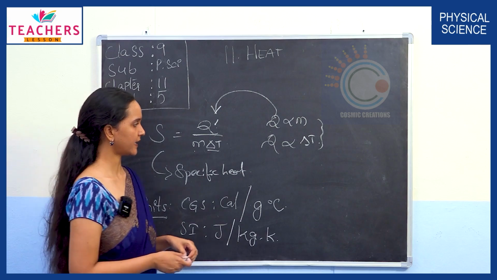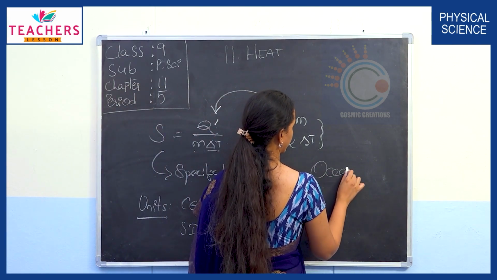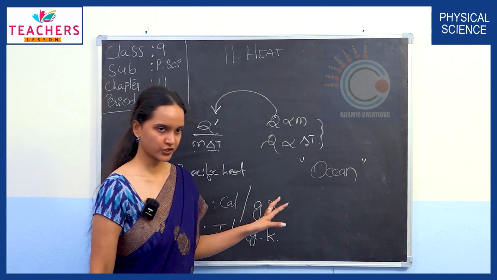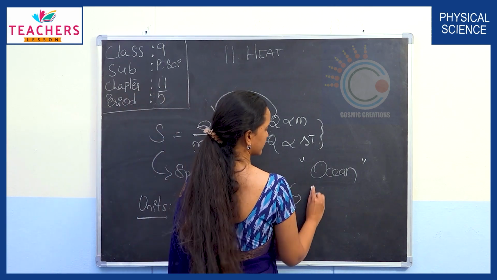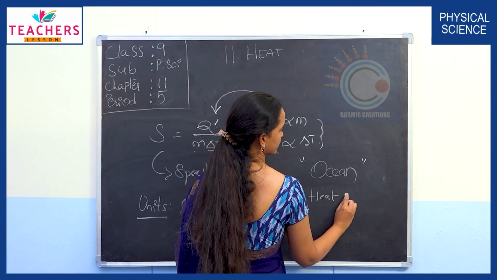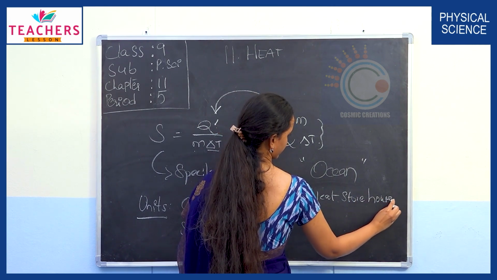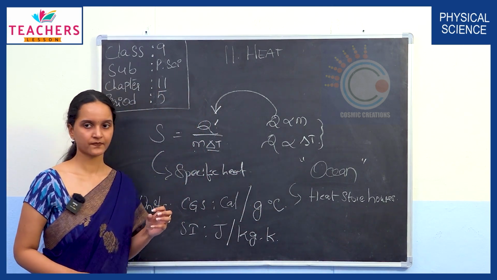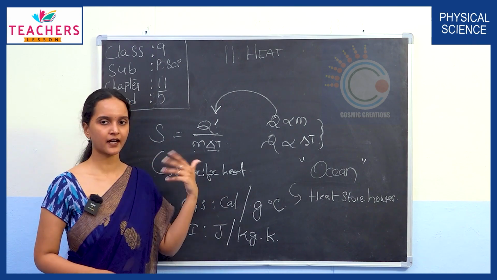Okay. And what else did we discuss about the applications? The most important application of the specific heat we observe in the oceans. What do we call oceans? As the heat storehouses. Why? Because water has a greater specific heat. The specific heat of water is higher.